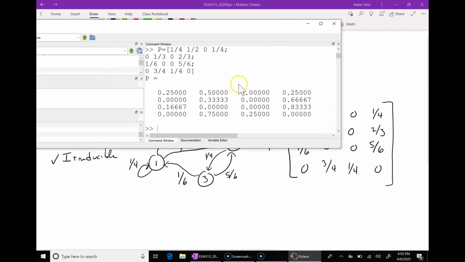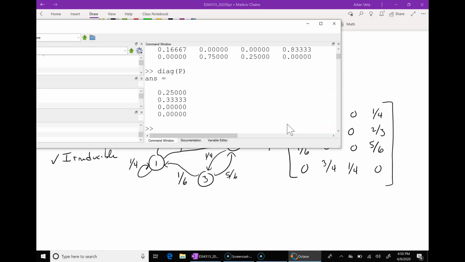Again, what we're going to want to do is check these diagonal elements to see if they oscillate back and forth. There's a neat function in Octave where if you type in diag and then the matrix name, it will pull out the diagonals. That's all we really care about. So here I have P to the 0, now P squared, P to the third, fourth, fifth, and sixth.